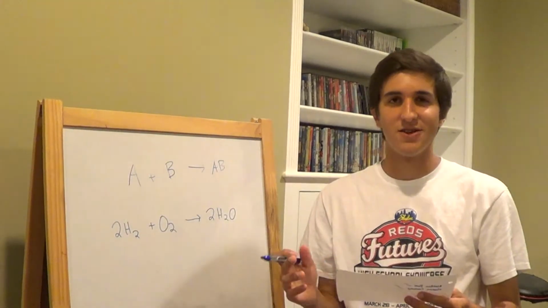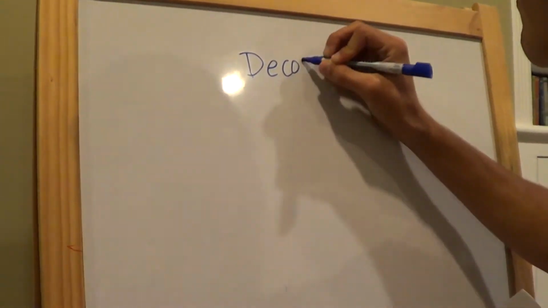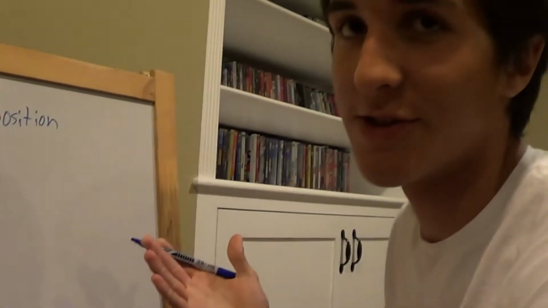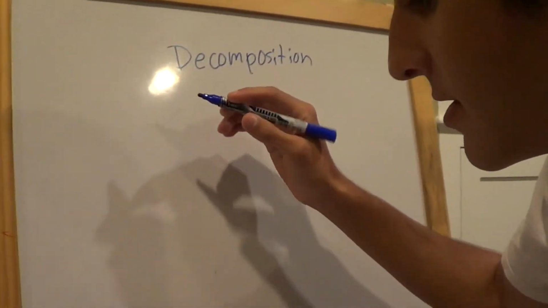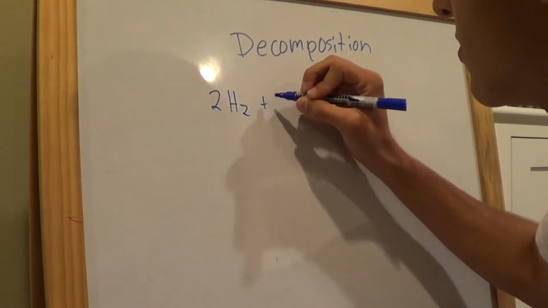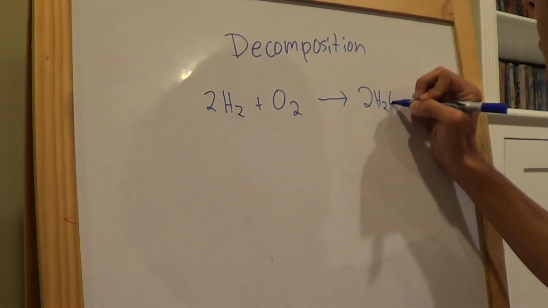Okay, we're going to move on to decomposition now. So, decomposition. It's basically going to be the opposite of a synthesis reaction. So, what we had before was 2H2 plus O2 yields 2H2O.